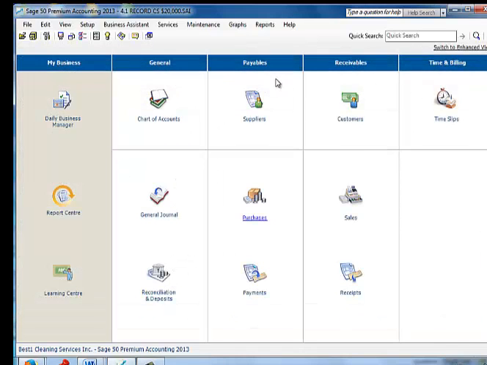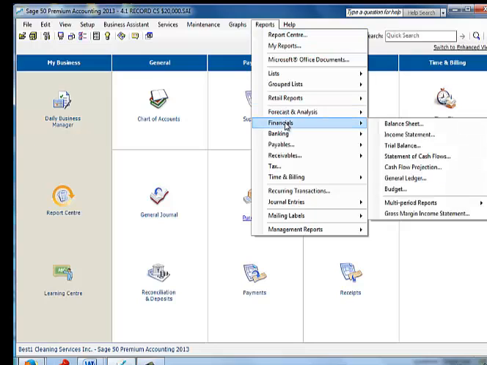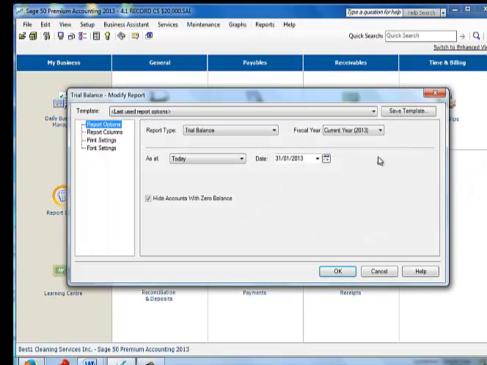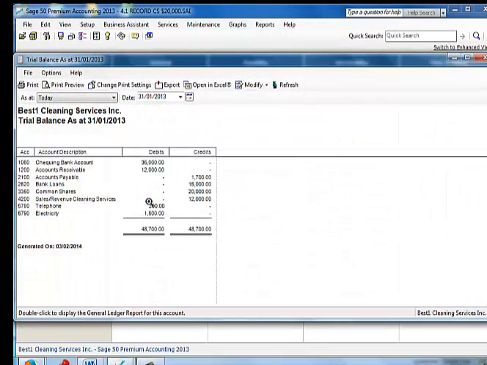Now, what do I mean by the control account? Let me go again to my trial balance. If we look at our accounts payable, we have 1,700. Imagine you had 150 different suppliers. This total here, you need to verify with the accounts payable subledger.